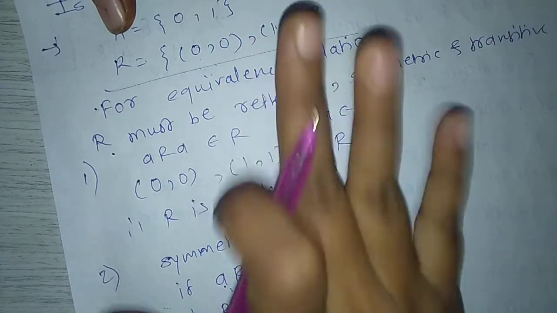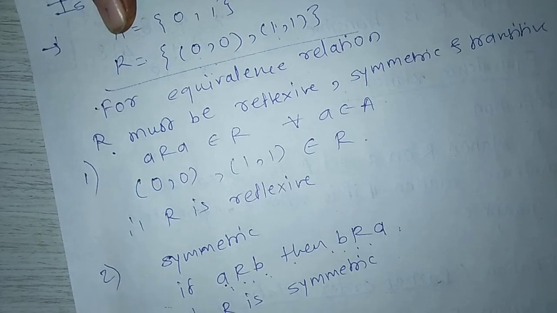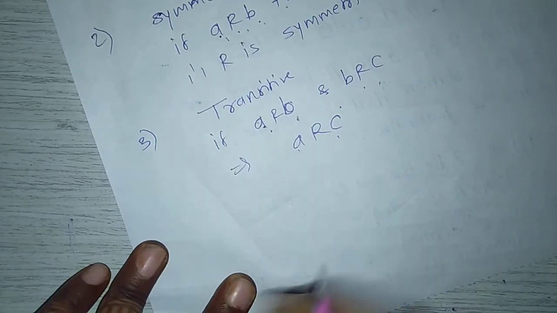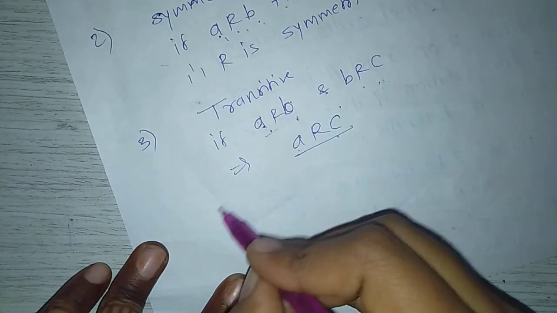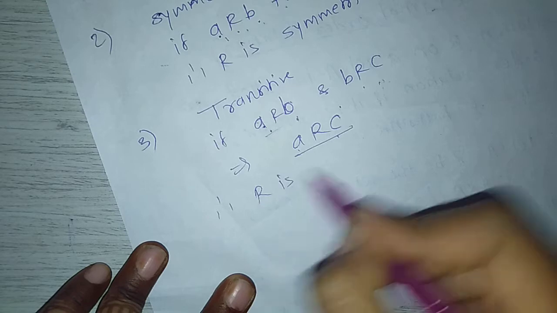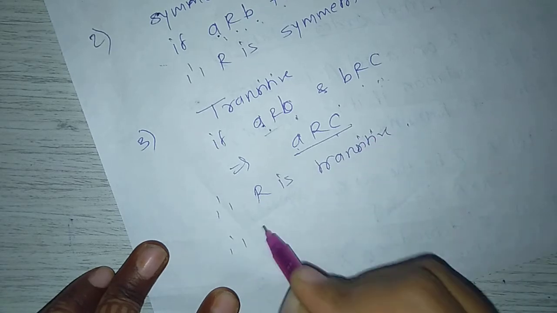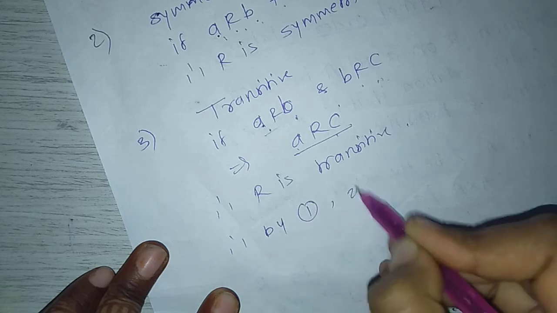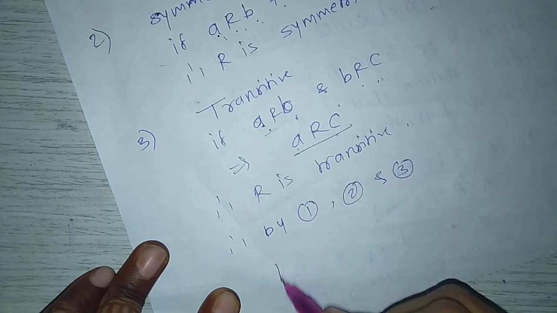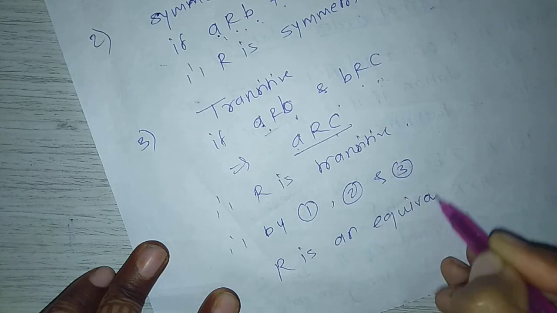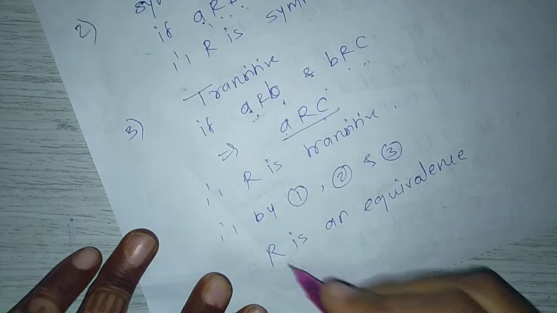But here R is transitive because such a pair does not exist, so we cannot conclude otherwise on the basis of this. So R is transitive. Therefore by 1, 2 and 3, R is an equivalence relation.